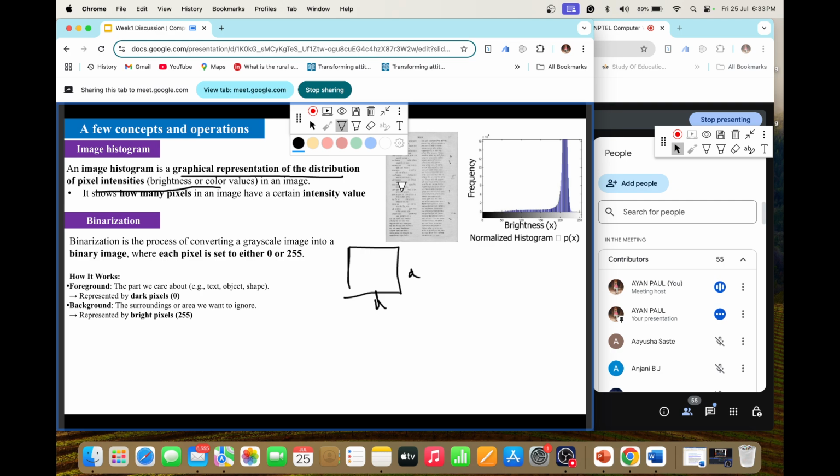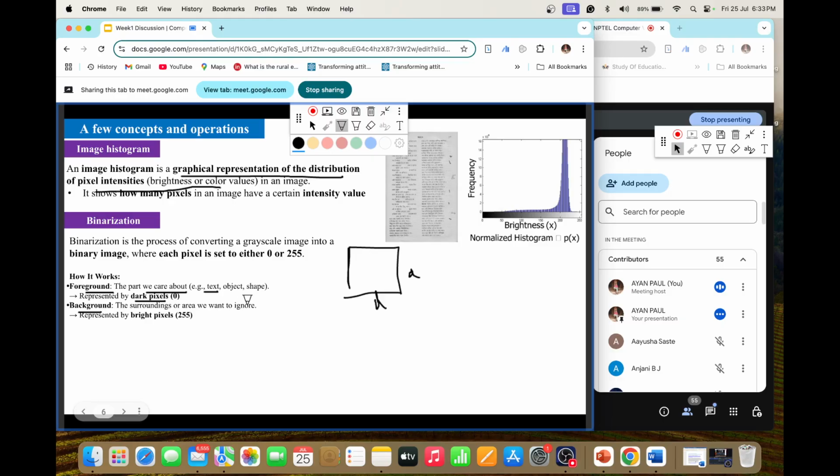In the foreground we have dark pixels, meaning values very much closer to 0. Then we have the background, which is white, meaning values very much closer to 255. The part we care about is known as the foreground. In our case, the part we care about is the text, which is represented by dark pixels very much closer to 0. Then we have this background.